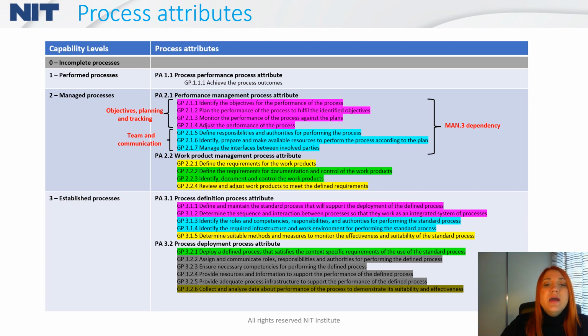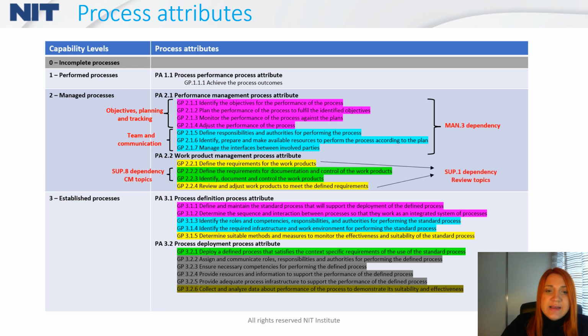We have then identification of the available resources, and we have the management of the involved parties. This is also basic to the management process, and only by reaching all of the generic practices listed here can you say that your management is really working.